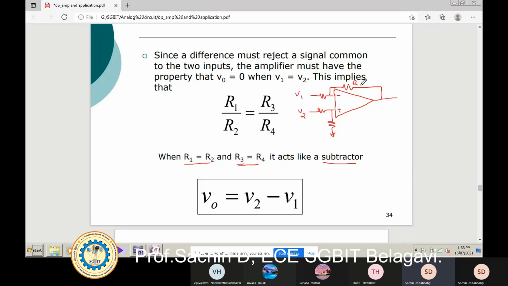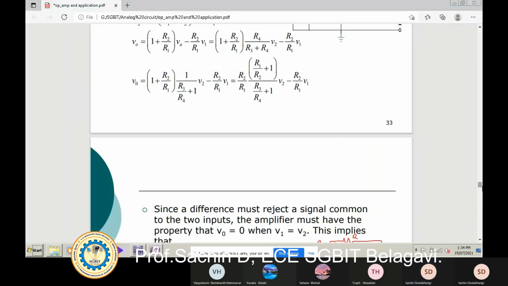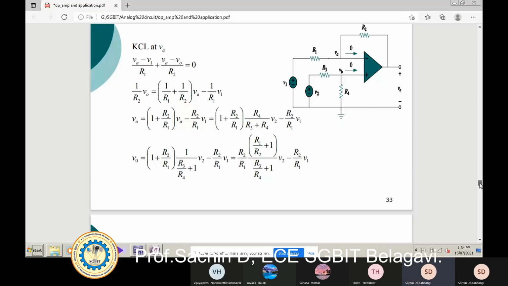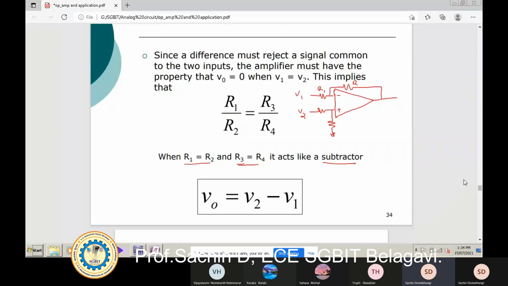So this is my R1, and this is R2, R3 and R4.